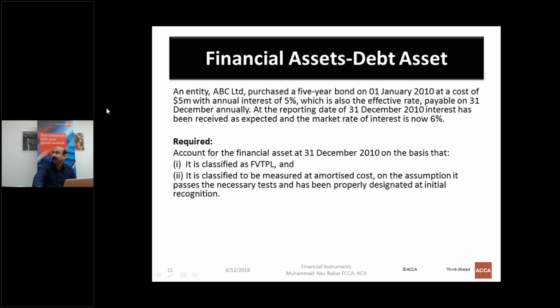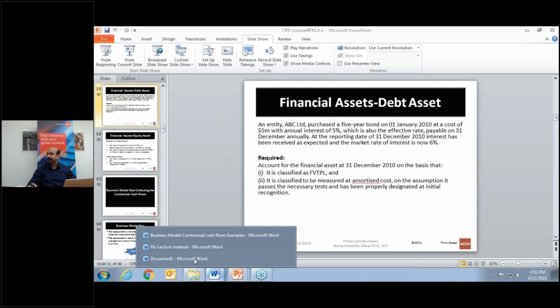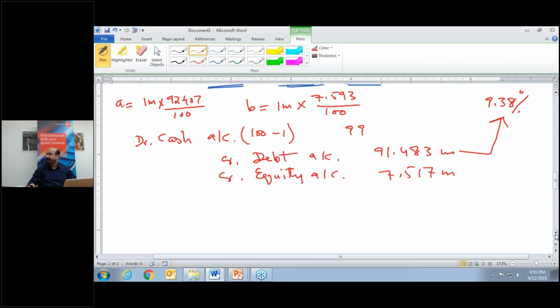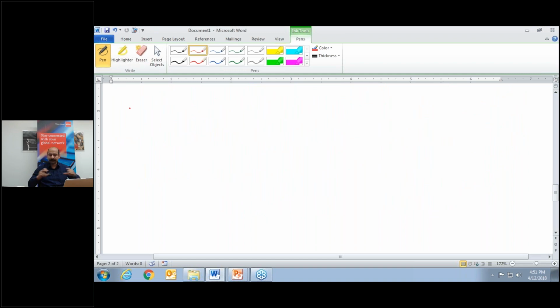So this was issued on 1st January. So we are going to discuss an illustration related to a financial asset, when classified at fair value through profit or loss.